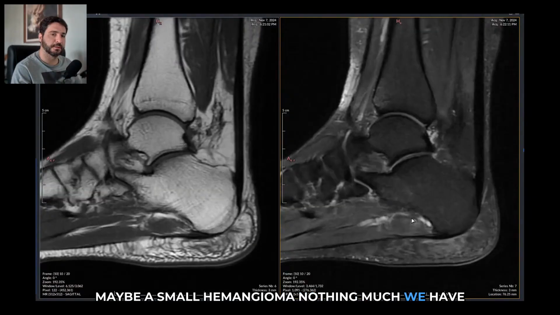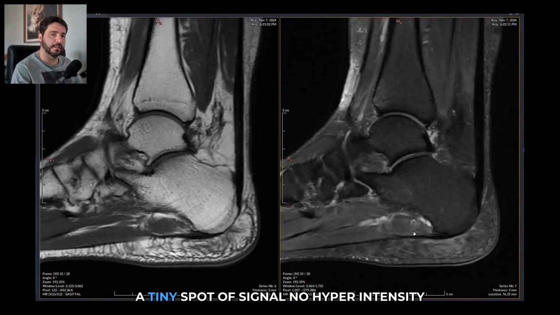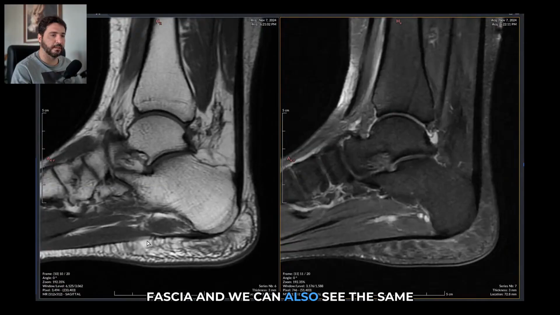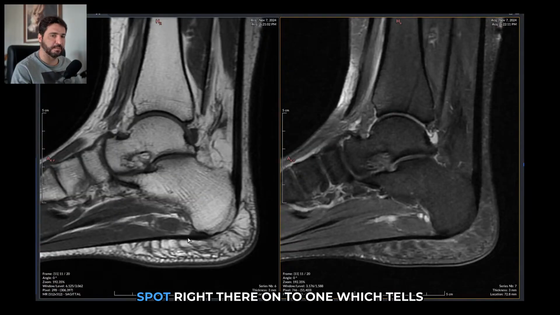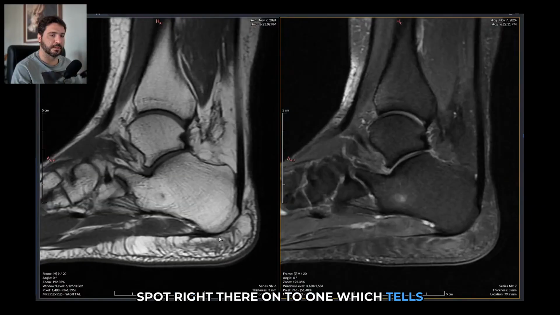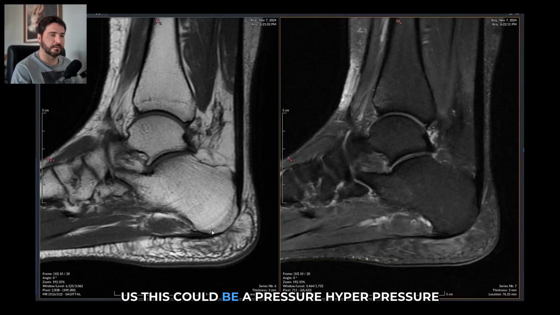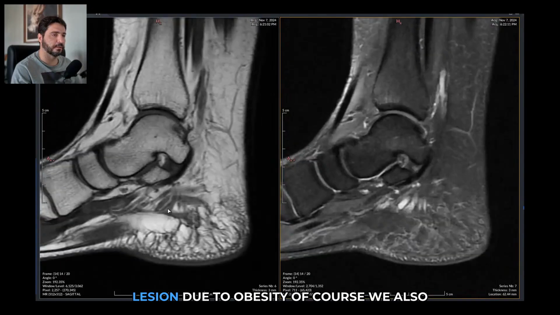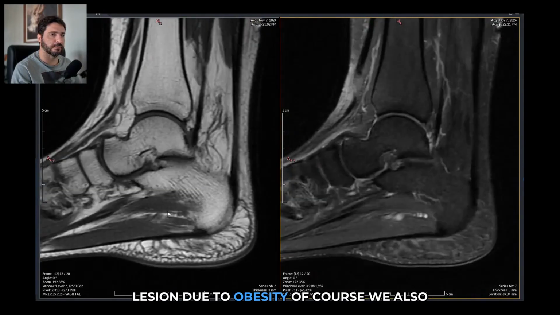Nothing much. We have a tiny spot of signal hyperintensity on the PD fat saturated sequence right there at the extremity, the enthesis of the plantar fascia, and we can also see the same spot right there on T1, which tells us this could be a hyperpressure lesion due to obesity.